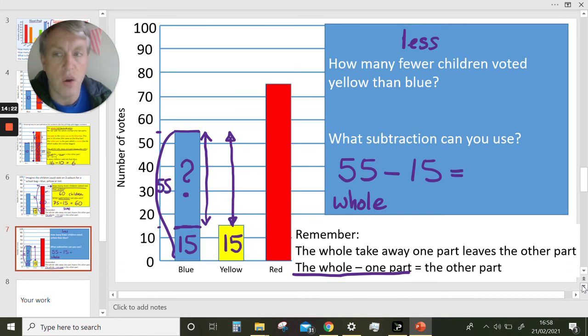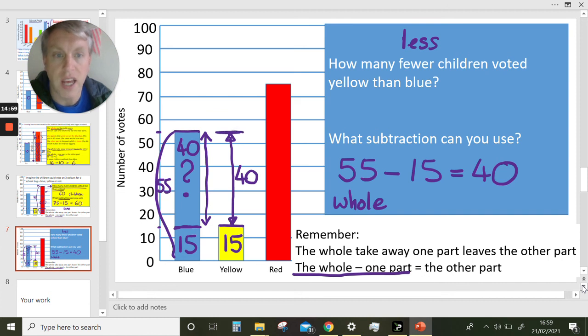55 take away 15 is 40. So this part of the bar must be 40. Check it by adding them together. 40 add 15 is 55. How many fewer children? Look, it's 40 on both sides, isn't it? 40 children is the gap between the top of the yellow line and the top of the blue bar.